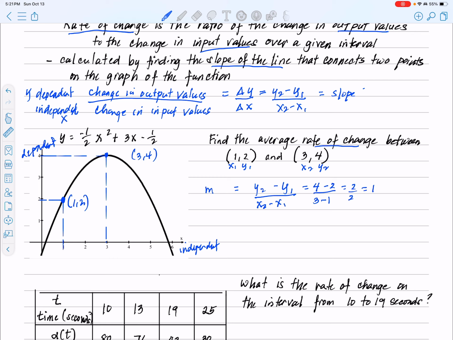If we connect a line, let's say I will get the ruler right here. If we connect the points, we could say that this is the line right there. This is the slope of the line, which is equal to 1.